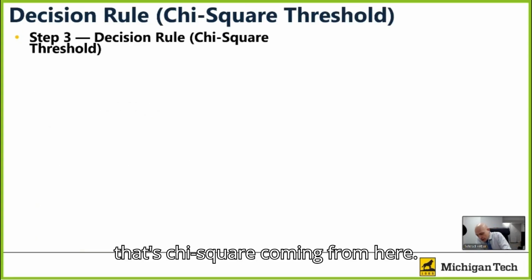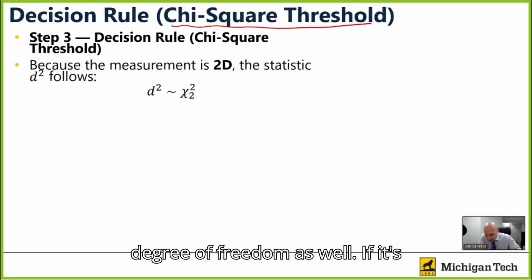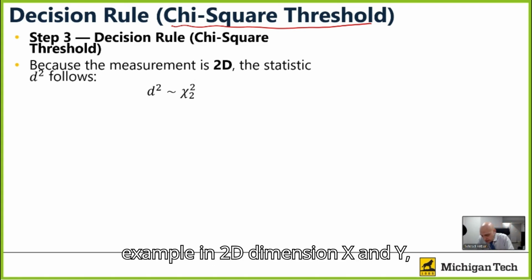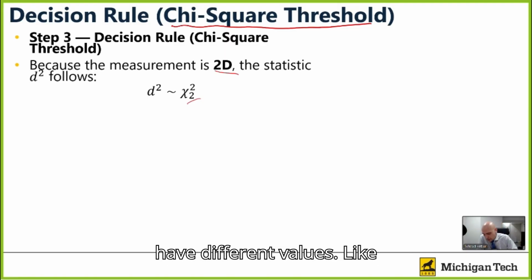So that's where chi-square is coming from. Chi-square depends on degrees of freedom as well. If it's 2 degrees of freedom, for example in 2D, x and y, you put a 2 here. In 3, you have different values.